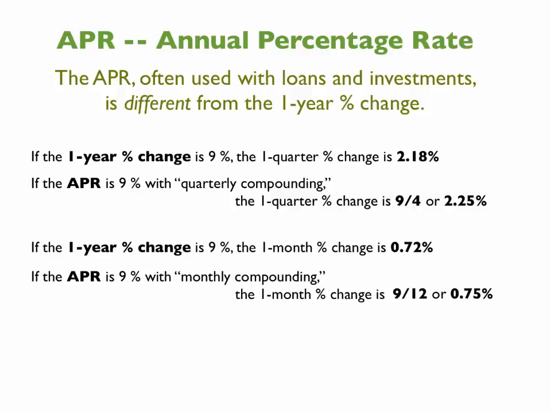So we're thinking about our money. Is it good or is it bad? If we follow the rules of exponential growth, we would have 2.18% every quarter versus APR, where we would have 2.25% every quarter. Is this good or bad?